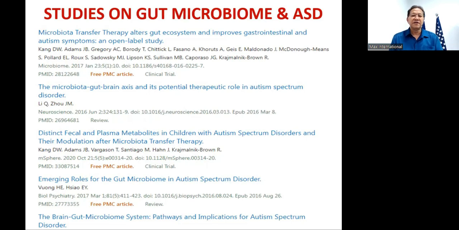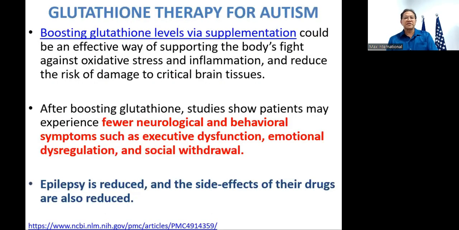That's mentioned earlier on. Emerging roles for the gut microbiome in autism spectrum disorder, the brain-gut microbiome system, pathways, implications for autism spectrum disorder. So I do not know how much the people here treating autism are focusing on improving the microbiome. Okay. So now back to glutathione.